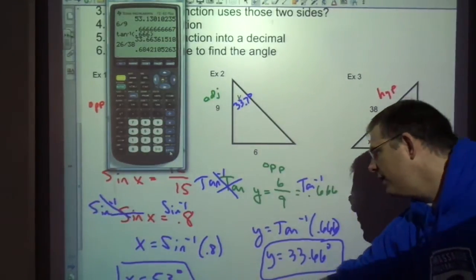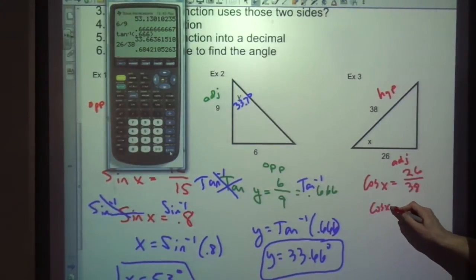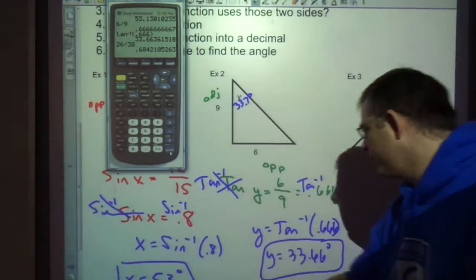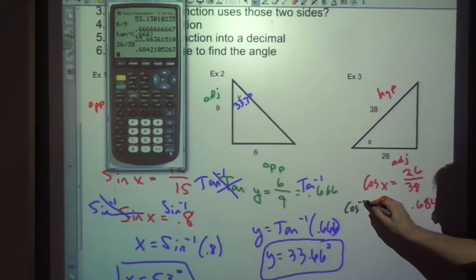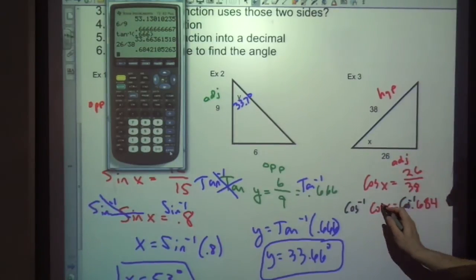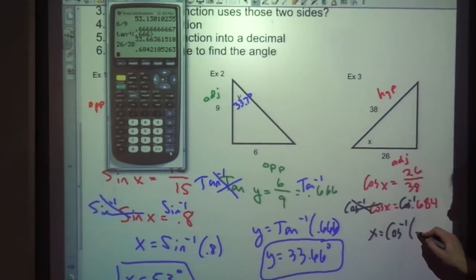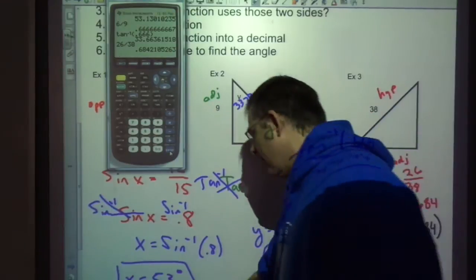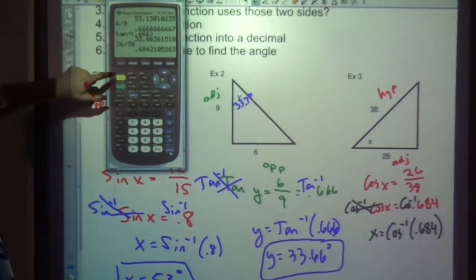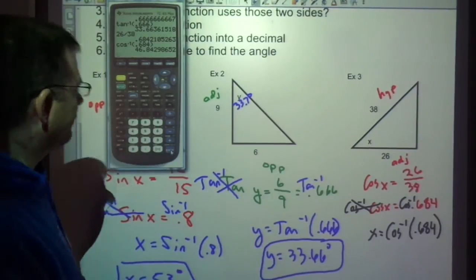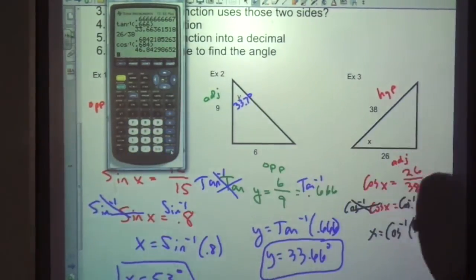So I know the cosine of x is 0.684. Now I need to take the inverse cosine of both sides, which will cancel with the cosine and just leave x equals inverse cosine of 0.684. Which asks the question, what angle has a cosine of 0.684? Calculator, can you tell me that? Inverse cosine, 0.684. Enter. 46.8. Thank you very much.